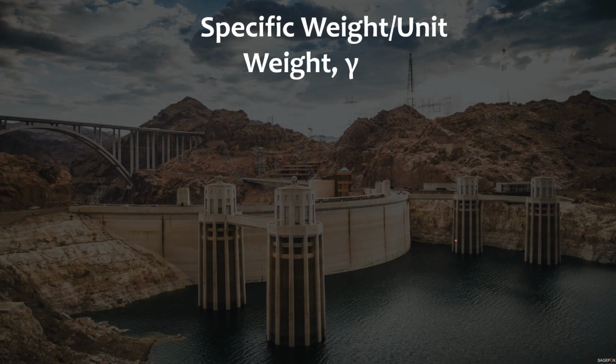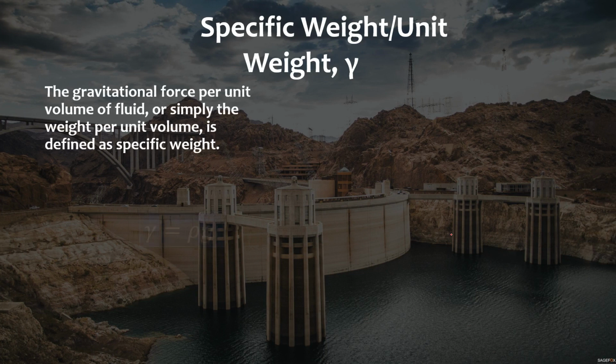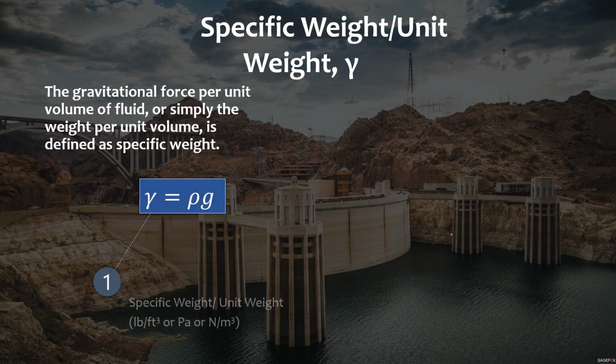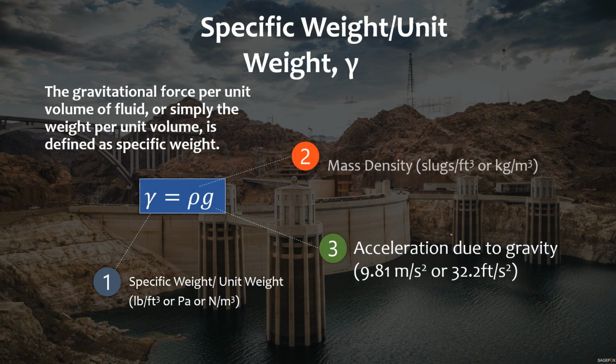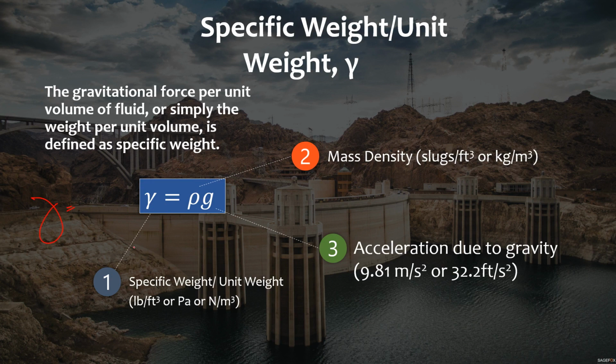Then, specific weight or unit weight. The gravitational force per unit volume of fluid, or simply the weight per unit volume, is defined as the specific weight. So we have a symbol of gamma.